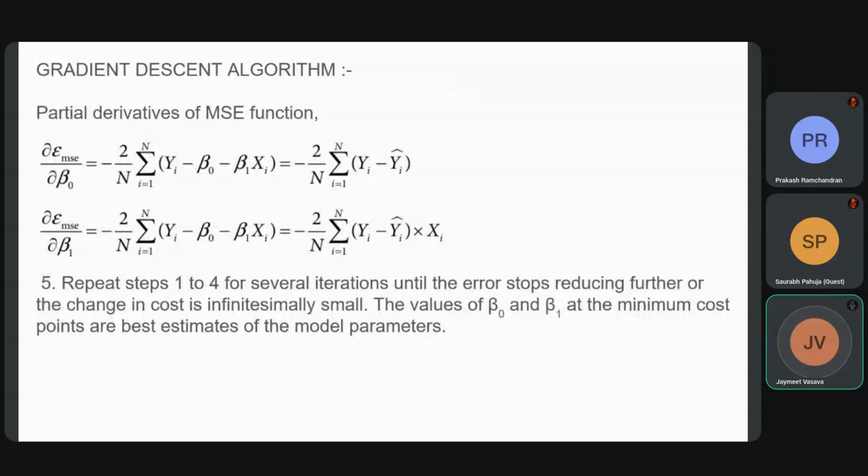So the values of beta 0 and beta 1 at the minimum cost point are the best estimates of the model parameters. Regarding error, either the error stops going down, or the difference between the errors becomes so small that we can ignore it. In both cases, we can say that we have found the minimum cost.